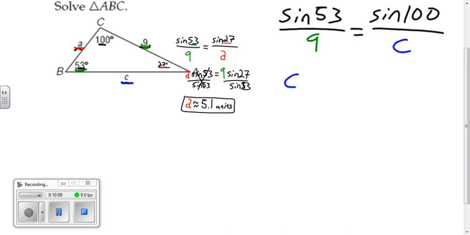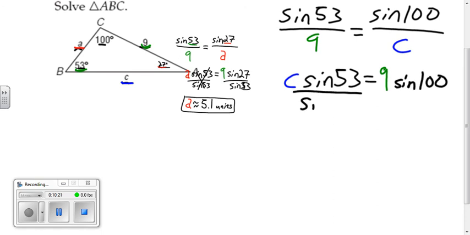So we cross multiply and divide. C times sine 53 equals 9 times sine 100, and divide by our sine 53 on both sides. It crosses out, and we are left with C equals 9 times sine 100, all of that over sine 53.